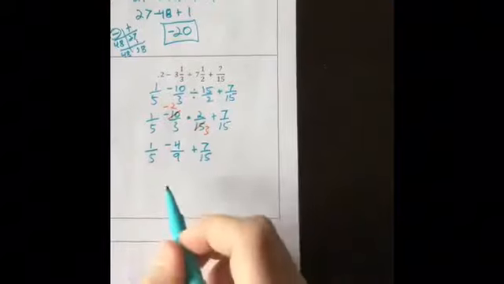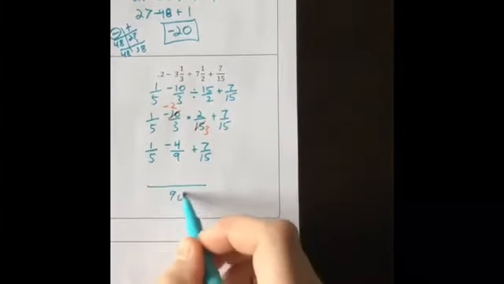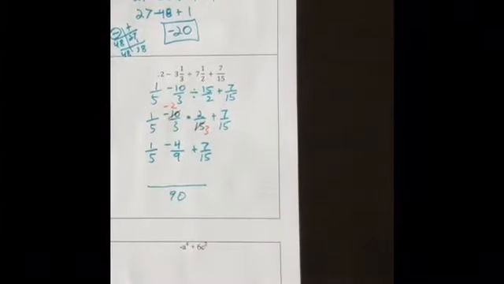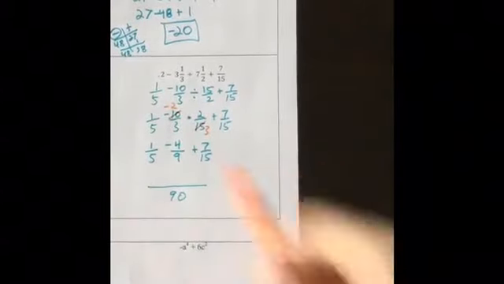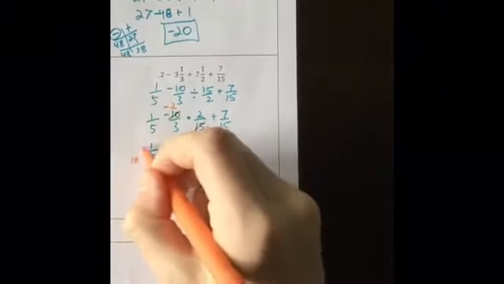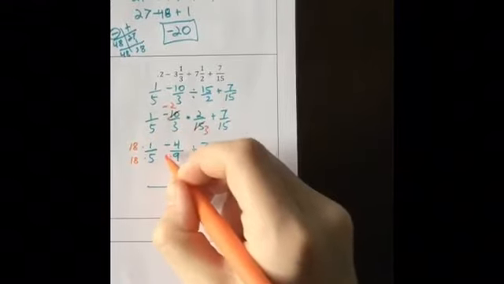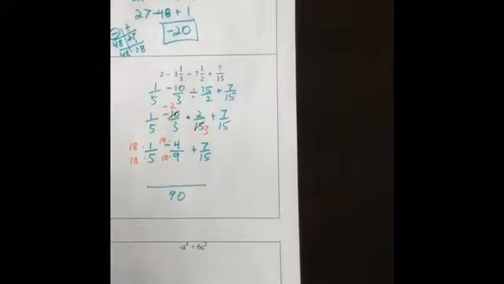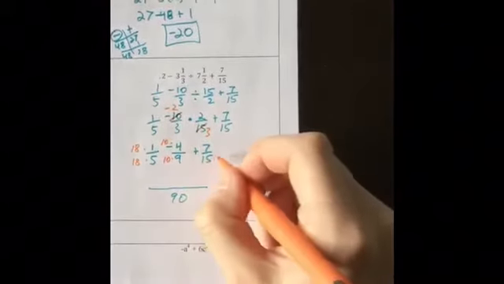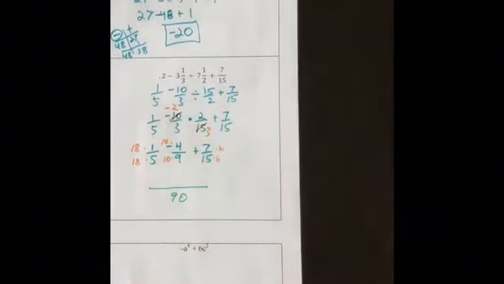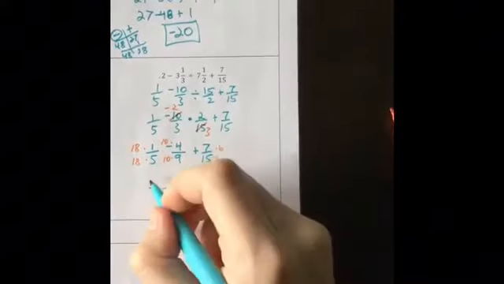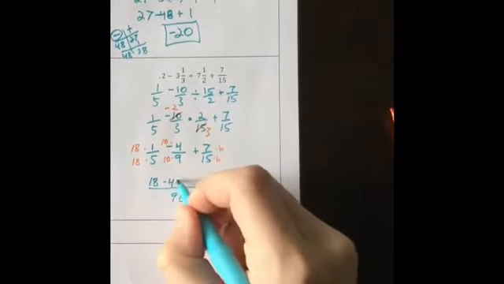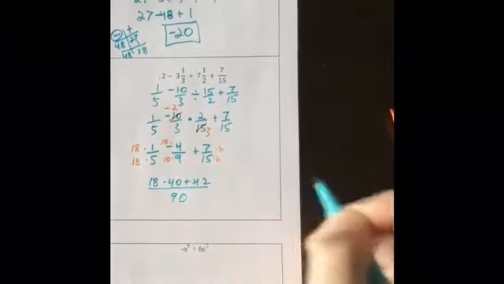So let's see, single common denominator of 90. So 5 times 18 will give us 90. 9 times 10 will give us 90. And then, 15 times 6 will give us 90. So in our numerator, that's going to be 18 minus 40 plus 42.